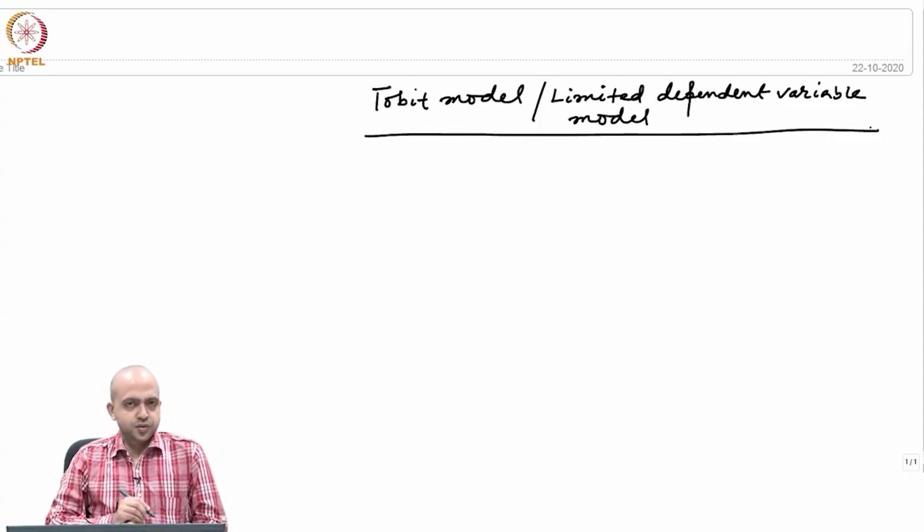Before we discuss the Tobit model, let us go back and see the linear probability model, Probit model and logit model. These are the three models we have discussed so far. If you recall, in all these three models, what is our objective?